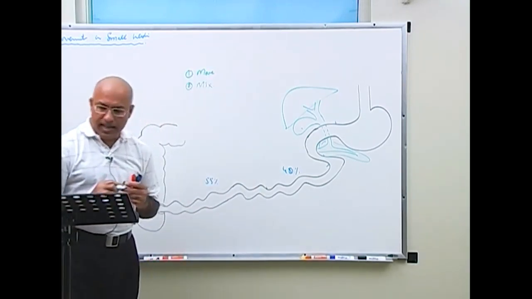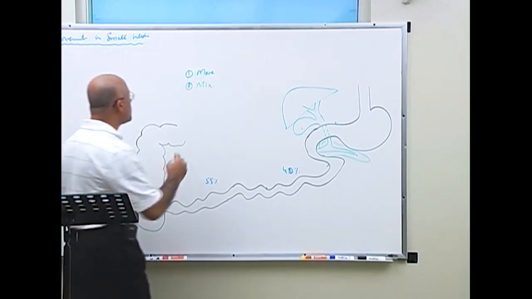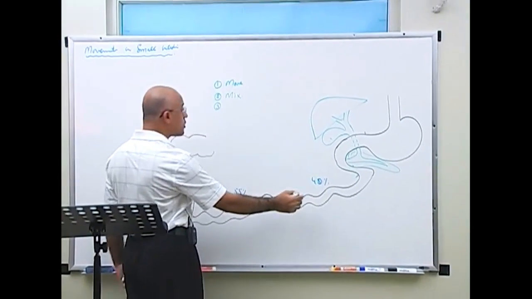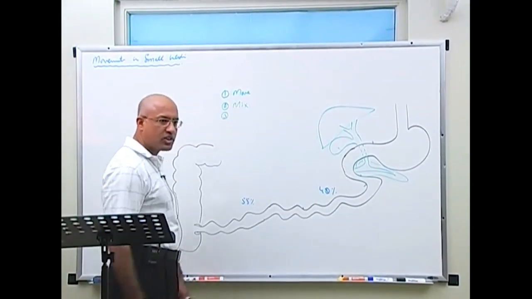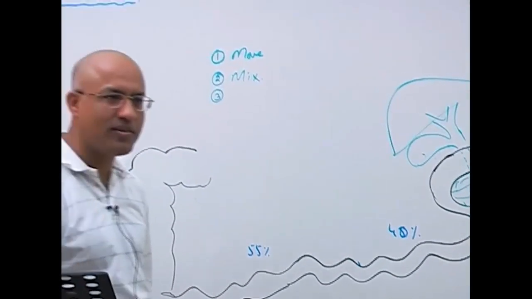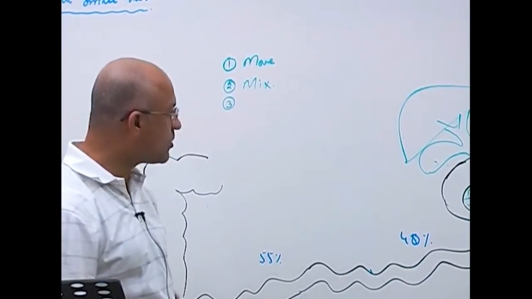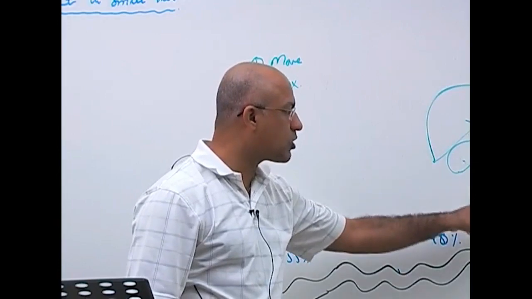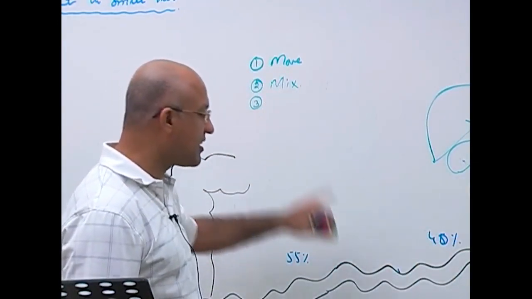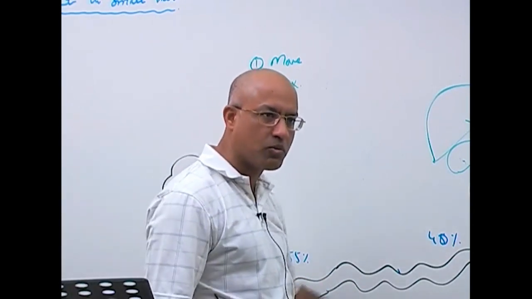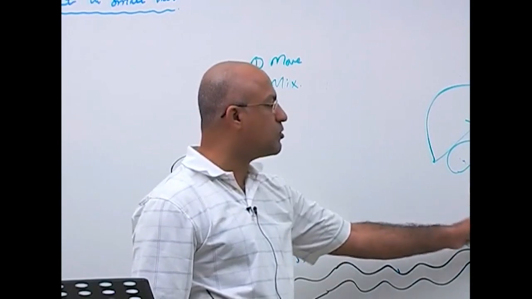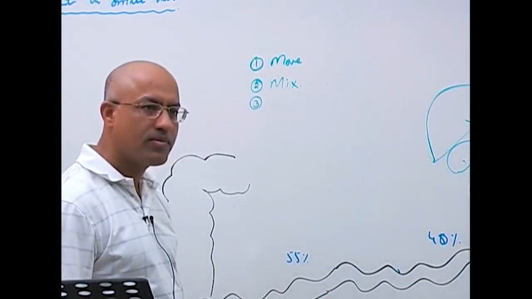Is that right? And another purpose of small intestinal movement is, of course, not only to move the content and mix it with the secretions, but there is one more purpose. What is that purpose? Just imagine. What could be the third purpose? One is very clear: you are moving the content through peristaltic movement. Then you are mixing the content with the segmentational movement, or mixing movement. Do you think there is any other purpose of movements of the small intestine?